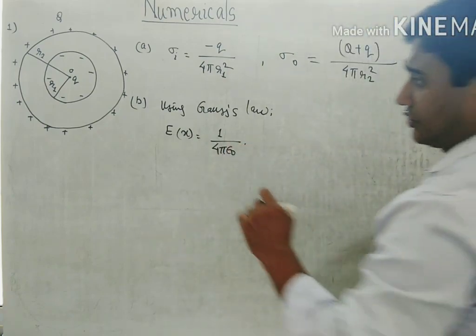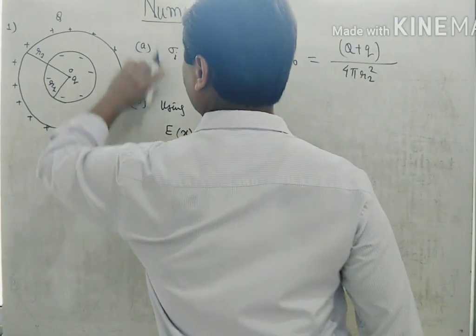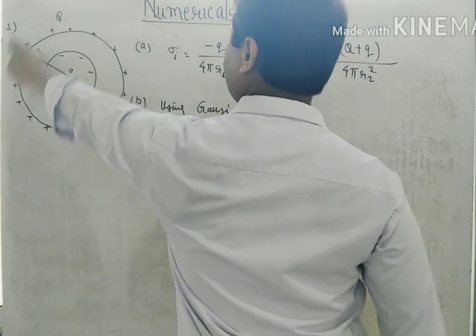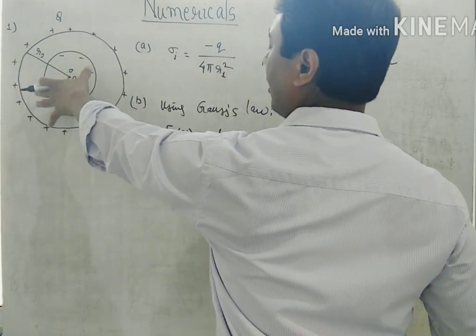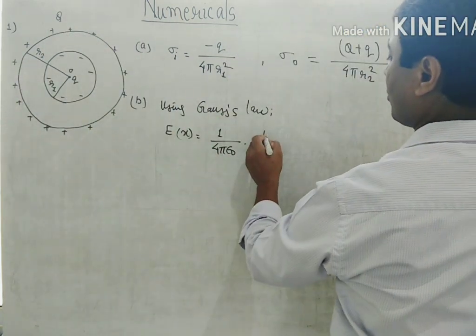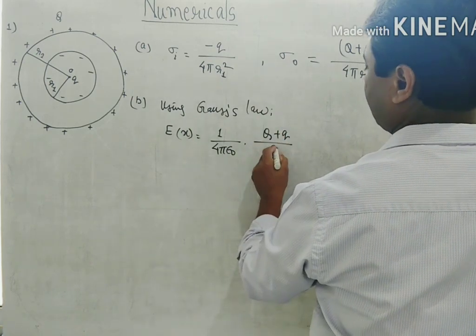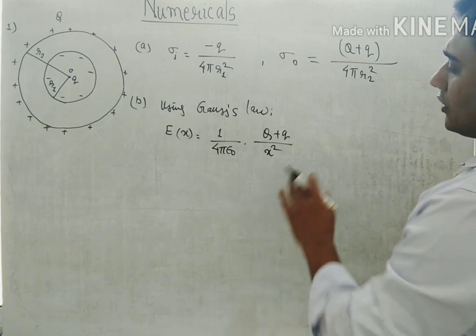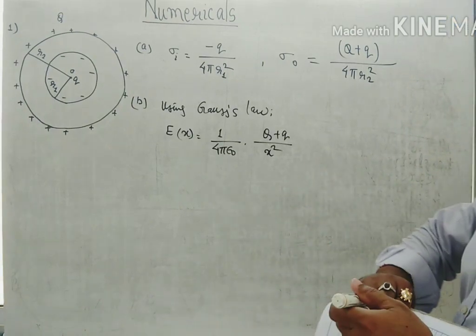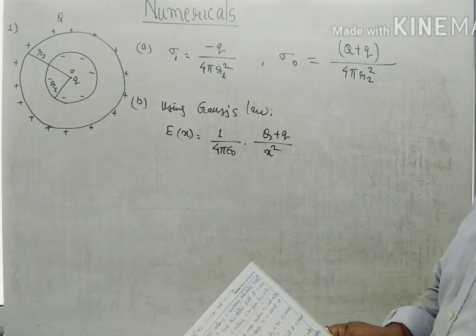Now the total charge enclosed by the Gaussian surface, we will be drawing the Gaussian surface enclosing this shell. So the total charge will be capital Q plus small q upon the distance square from the center, that is x square. So this is the required expression for the second part of the question.